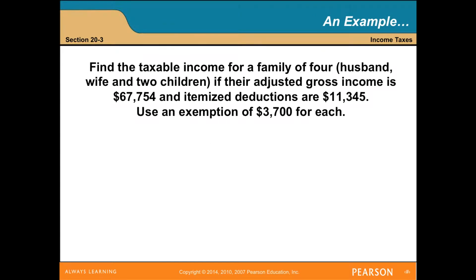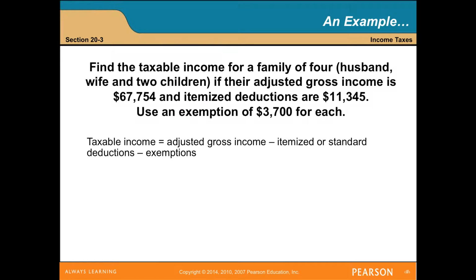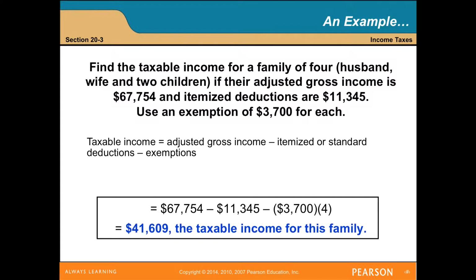So here's an example. Find the taxable income for a family of 4, husband, wife, and 2 children, if their adjusted gross income is $67,754 and itemized deductions are $11,345. Use an exemption of $3,700 for each. So here we have again the formula: taxable income equals AGI minus itemized or standard deductions minus the exemptions.